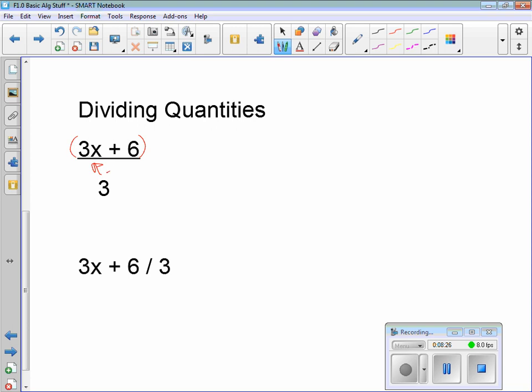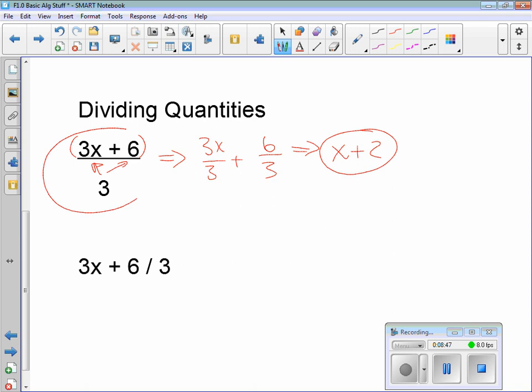It's got to be divided into both parts of it. So you can do that visually in your head: 3x divided by 3 plus 6 divided by 3. Pretty small terms there. You could break it up so it looks like this now. Whatever you need to do, right? So it becomes x plus 2, which is definitely a lot simpler than that.